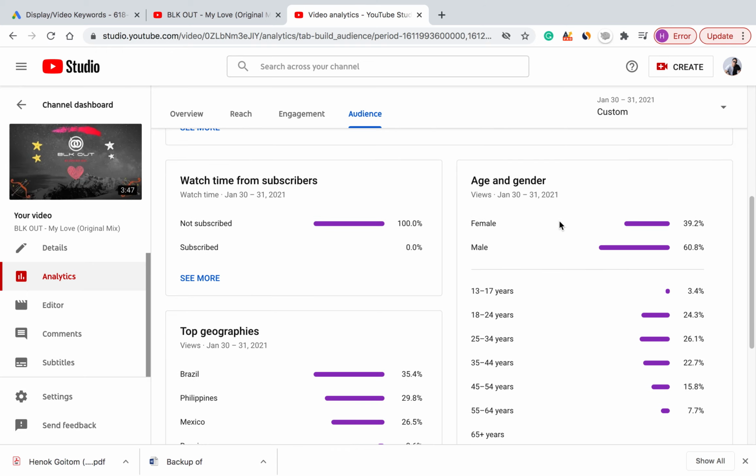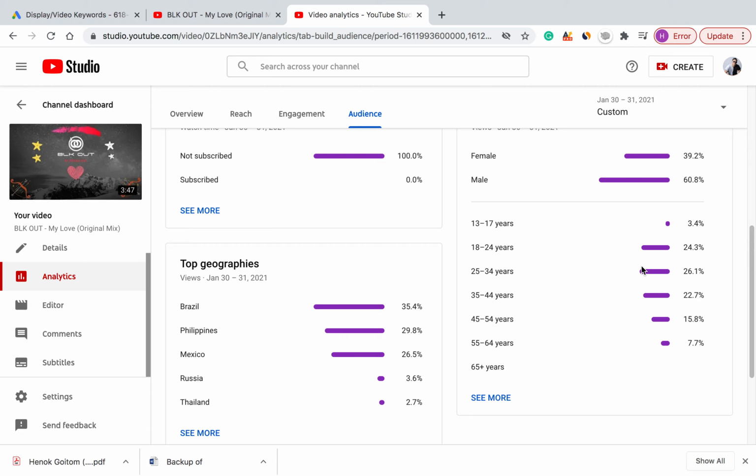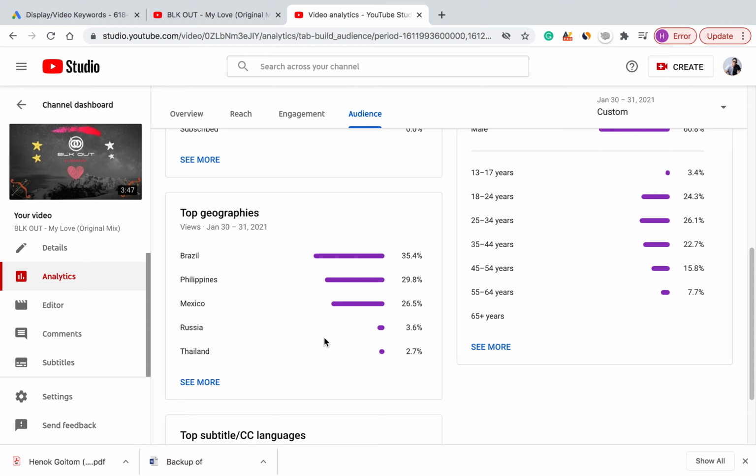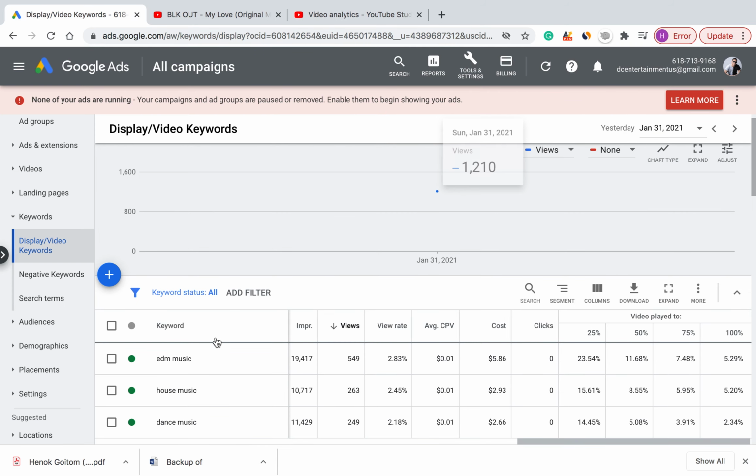Also here, you can look at levers such as female versus male, what age bracket they're in, and the countries they're from. We targeted Brazil, Philippines, Mexico, mainly because they're cheaper to target.